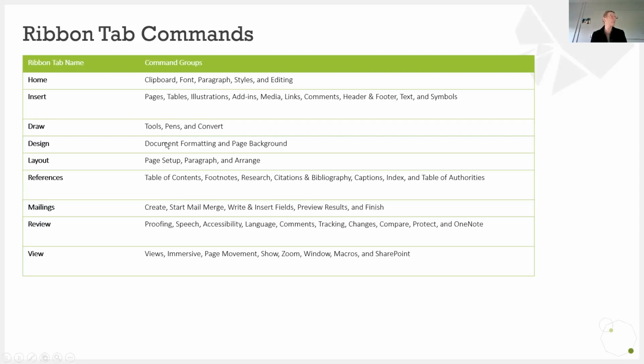And just another example, when you're on the View tab, in Word or Excel or PowerPoint, some of the things that you can count on seeing as commands would be how to view, your immersive reader, and your page movement. So these tab names and the commands that live with them are interchangeable throughout the Microsoft products.